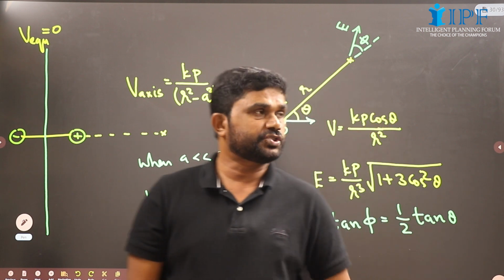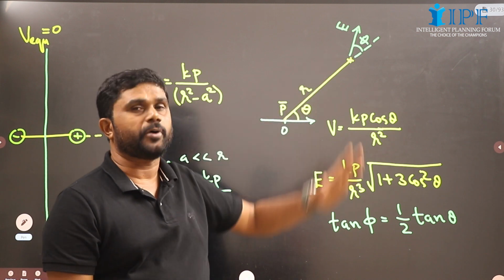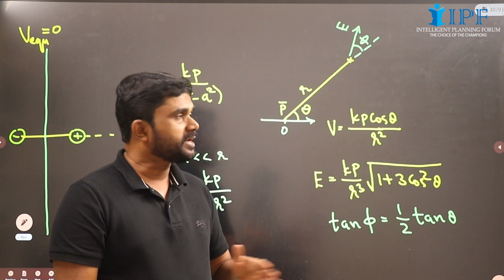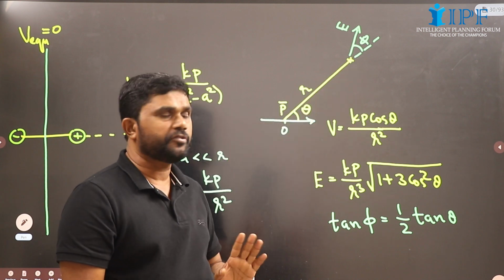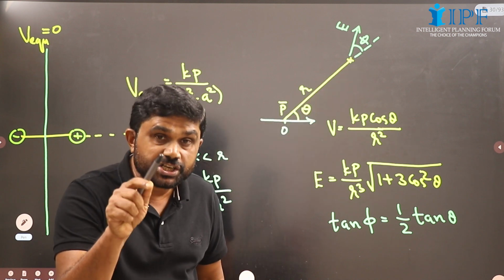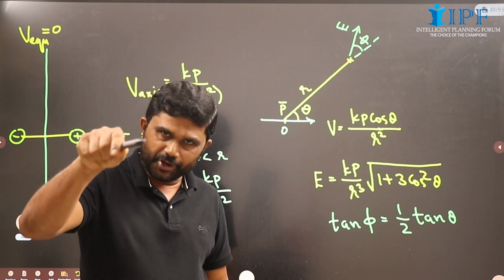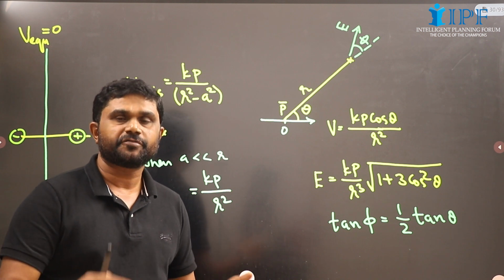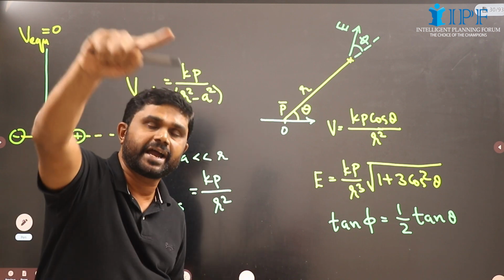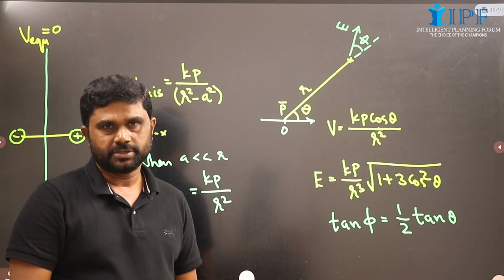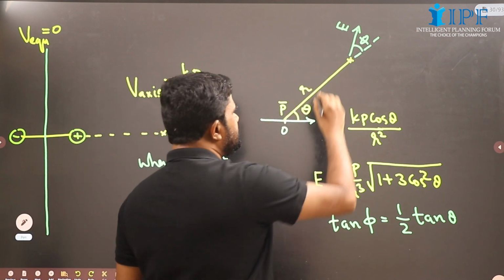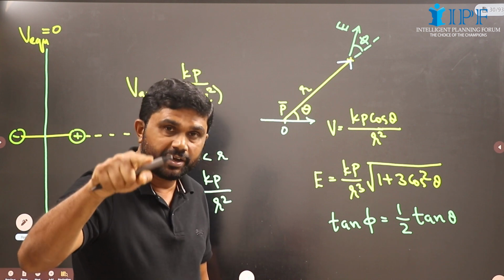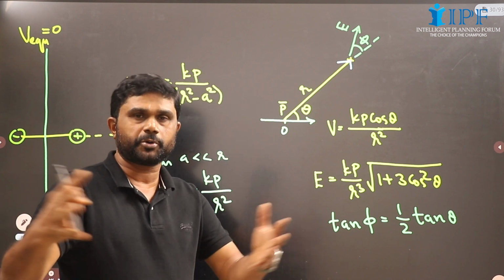Okay, now see, this is a general point, not on the equatorial line, not along the axis. Suppose here is the point of observation and the position vector of that point of observation with respect to the center of the dipole. What does it mean? From the center of the dipole we have to draw a line to the point of observation. Then this line will be the position vector of the point of observation, means the point where we have to find the field or potential.